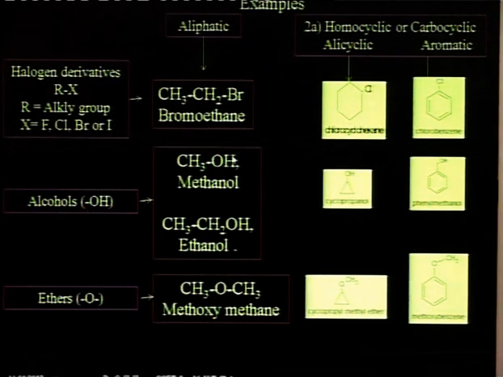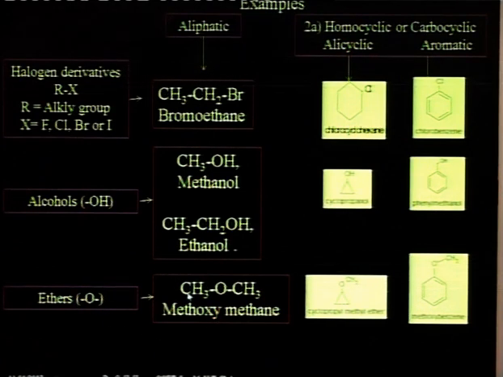Alcohols have the OH group attached to either an aliphatic or aromatic moiety. So, cyclopropanol, phenyl methanol is an example, and for aliphatic hydrocarbons, methanol, ethanol, etc. Ethers have the functional group O, and here it may be alkyl or aryl, or one alkyl and one aryl.